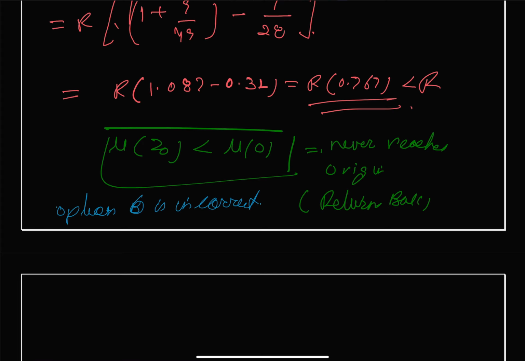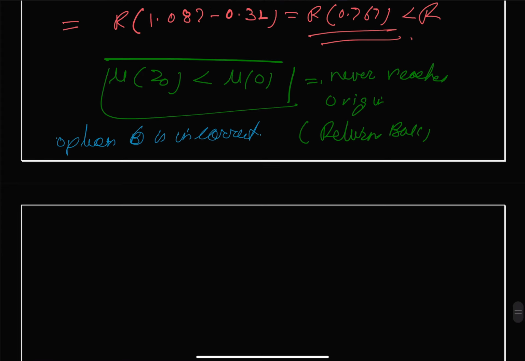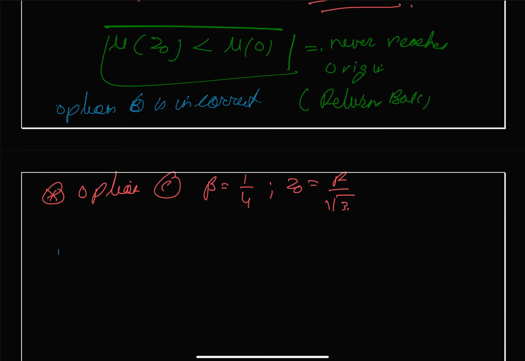We come to the option C. Our beta is equal to 1 by 4 and z naught is equal to r upon square root of 3. Therefore we get r square plus r upon square root of 3 whole square, square root, minus, plus 1 upon 4 minus 1, times r upon square root of 3.